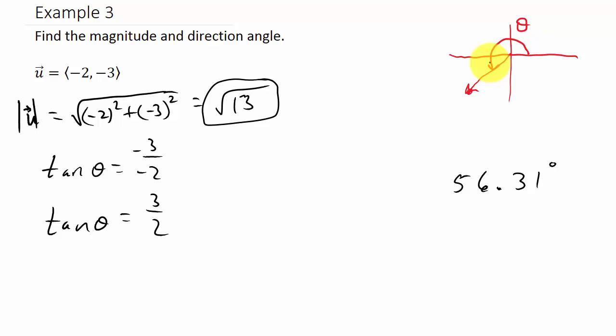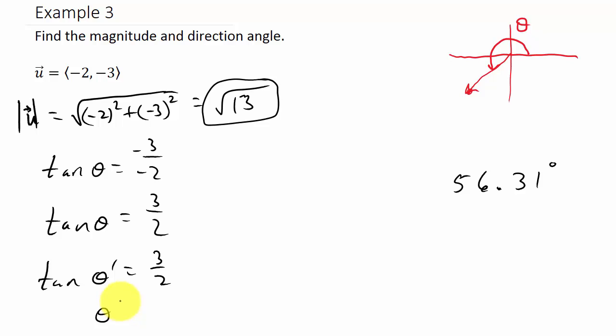Okay, so basically what I'm doing here, a negative over negative, that is a positive. But the 56.31, that's an angle in the first quadrant. Okay, this is going to represent my reference angle.